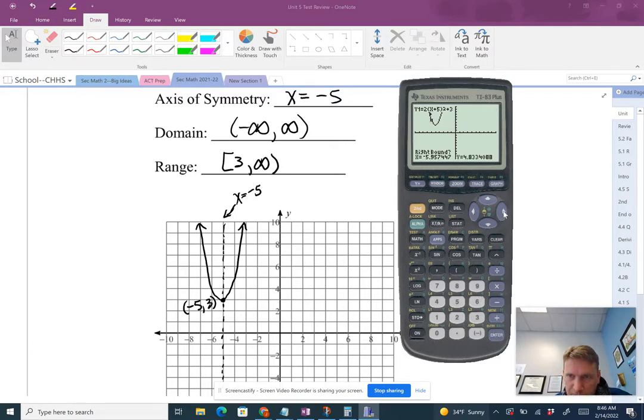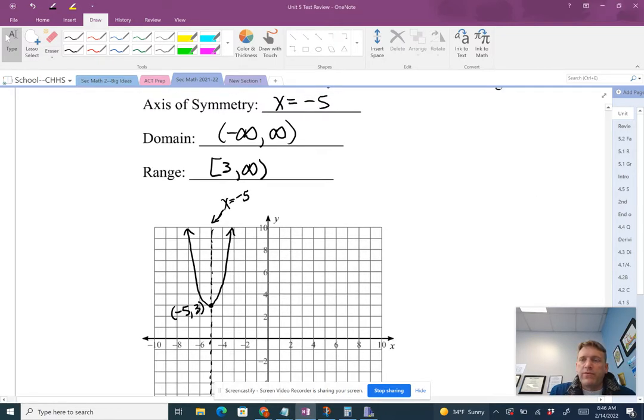Then right bound, I need to move with the right arrow button till it's to the right of the vertex and hit enter again. It then asks me to guess, but I don't want to guess. It says that the minimum is at -5, and it says -5.00000003. That's -5. The calculator sometimes is not super precise. So we've got -5 and then y equals 3. And that's the same as what I got here. So it verifies that I have done this correctly.